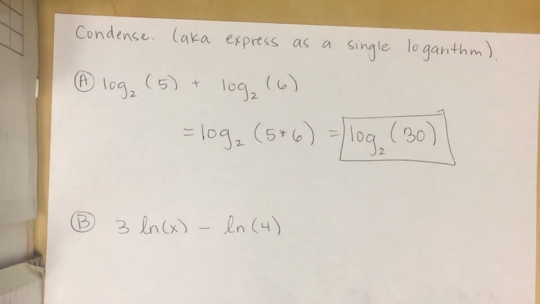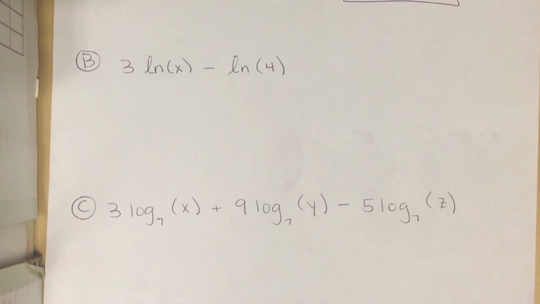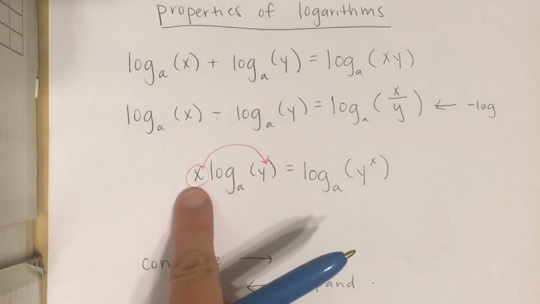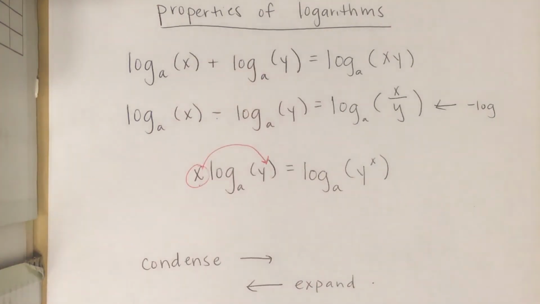All right, let's do some that are not just using one property. Or why would you ever use that third property? The reason you use this third property that deals with exponents is because you have to get rid of any coefficients before you can combine and use these first 2 properties here.